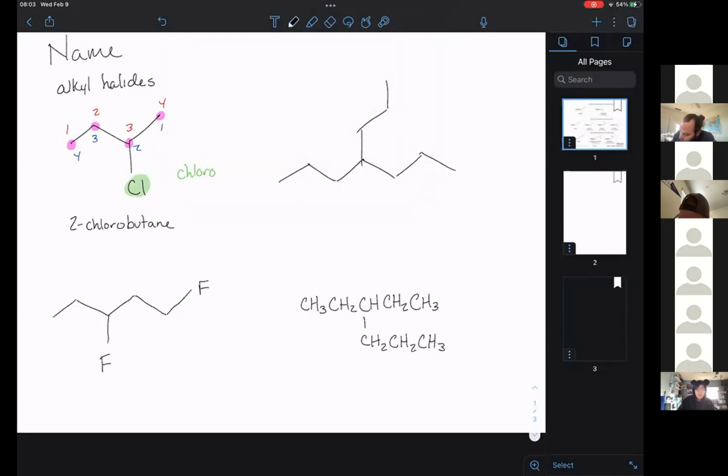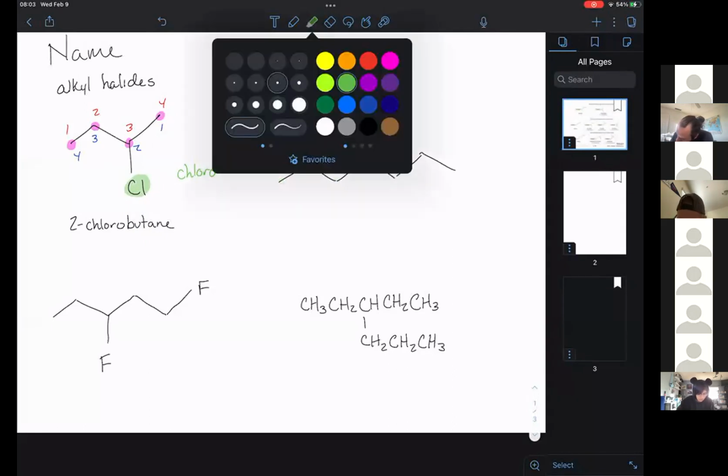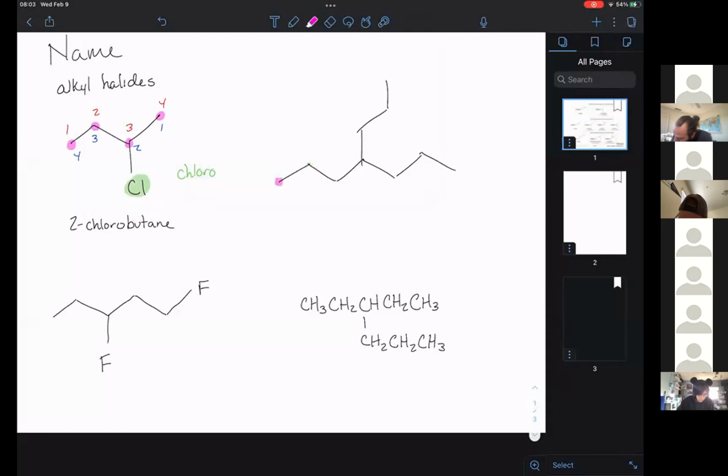So for this next one, again, we're going to have to find the longest continuous set of carbons. So 1, 2, 3, 4. Actually, I'll be consistent with my coloring. Parent chains will be pink. 1, 2, 3, 4, 5, 6, 7. But you know what I'm going to do is just double check, because this is a pretty long thing sticking up here.